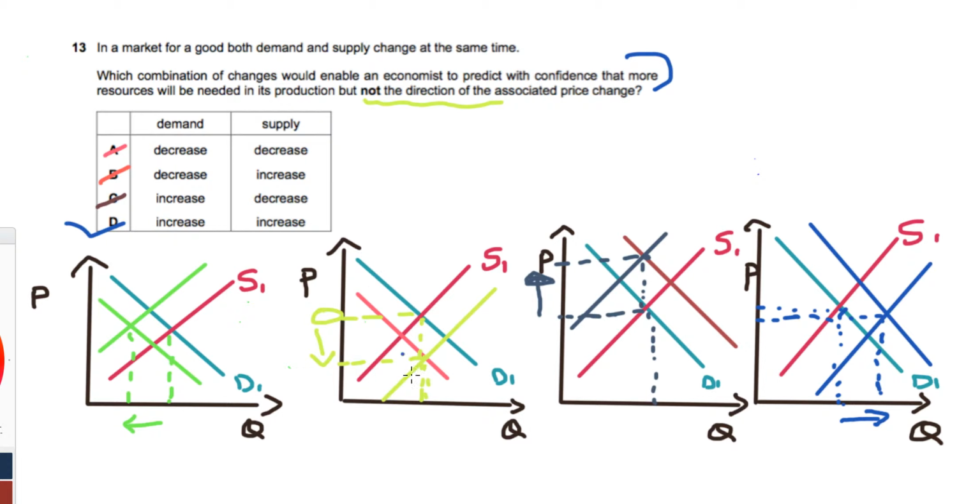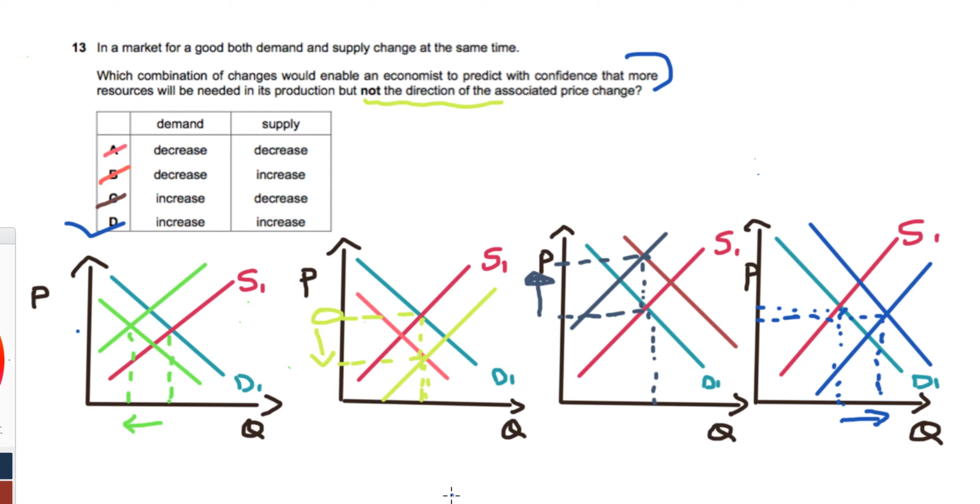What we have learned from this is that if both demand and supply move in the same direction, they either both increase, as in option D, where the quantity increases but we are not sure about the price. Similarly, when both demand and supply decrease, which is option A, we can be sure that the quantity has decreased, but we can't be sure about the price.